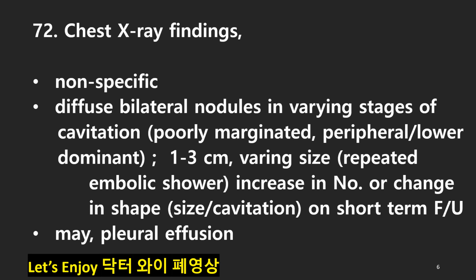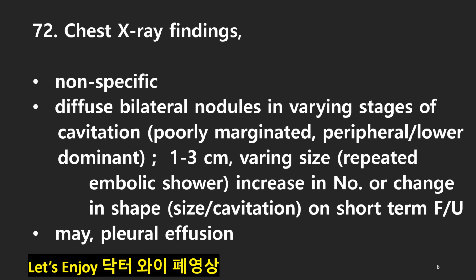Chest X-ray findings of septic pulmonary embolisms are like this. As I told you before, they are usually non-specific, not specifically indicating septic pulmonary embolism. The usual features are diffuse bilateral nodules in varying stages of cavitation, poorly marginated, peripheral dominance, lower lobe dominance.